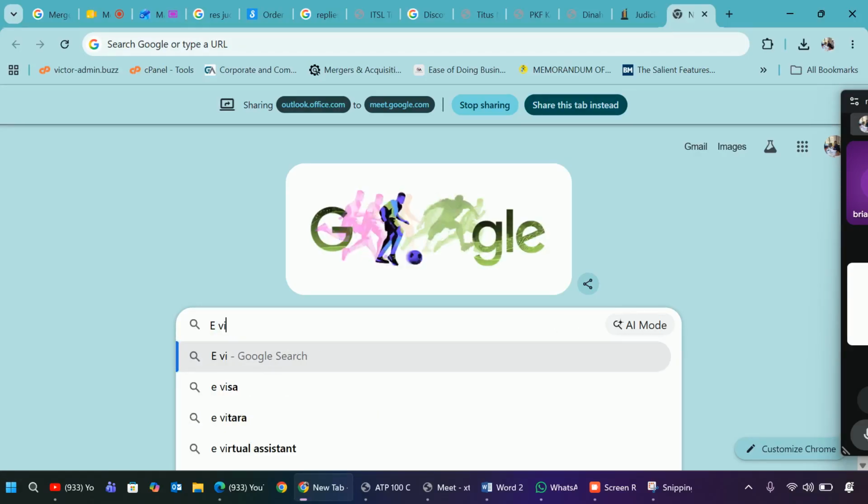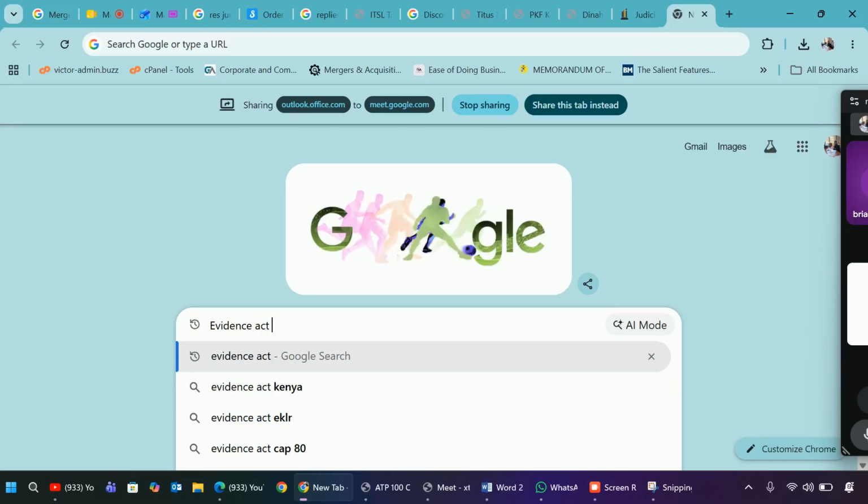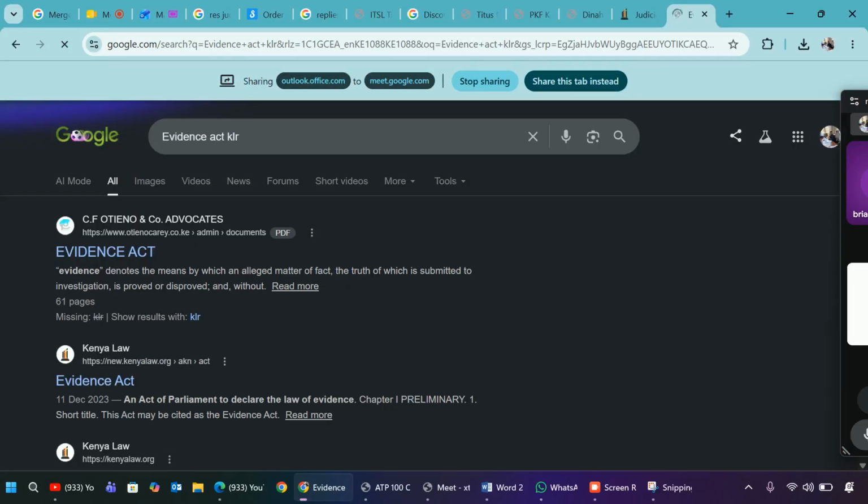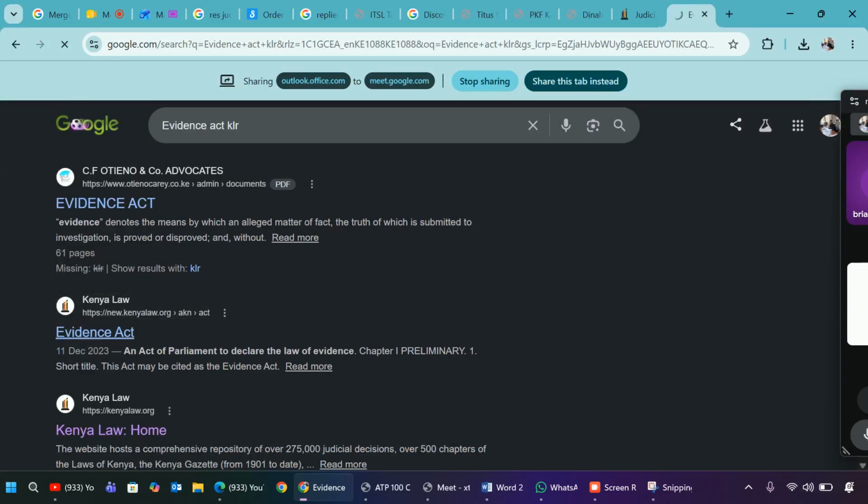We read verbatim what the Evidence Act provides. And in this situation, I'll be forced to share the Evidence Act so that you can also read on your own, because this part forms a critical part in orals and also a critical part in trial advocacy. So let me project the same once it is opened.